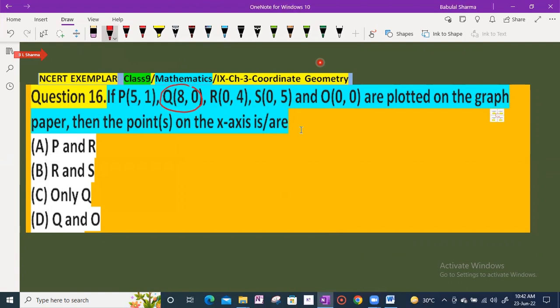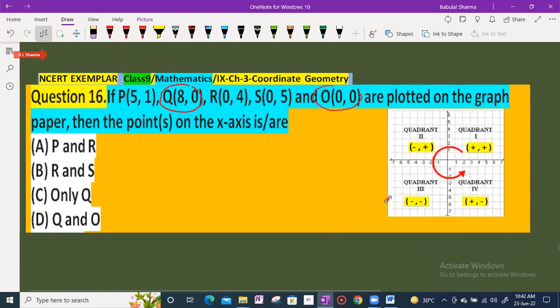And the y-coordinate is 0 here too, so this point will also lie on the x-axis. So here 2 points are there, point Q and point O. So C is the correct option of this question.